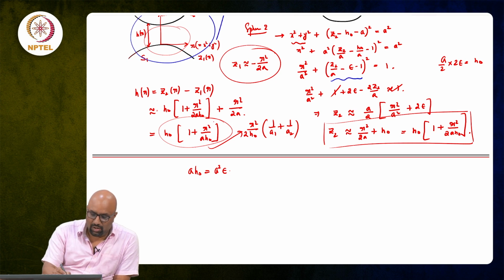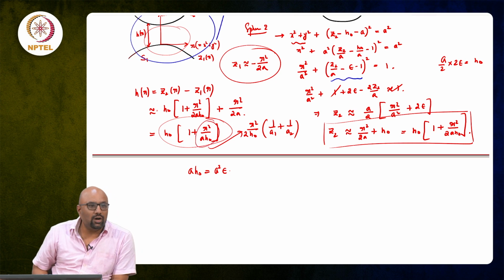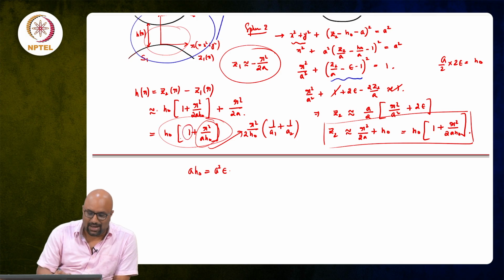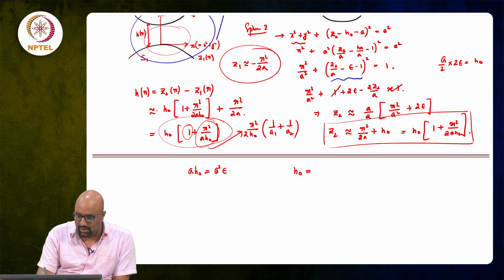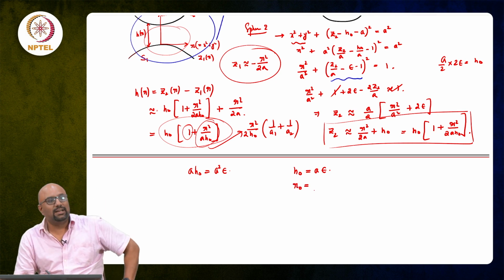So, if I want this term to be order 1, I want that curvature term to be as large as this particular term here when I am trying to approximate. What should be my scale in the radial direction? In the vertical direction, I have H naught is equal to A epsilon. My question is, what should be the length scale in the radial direction?